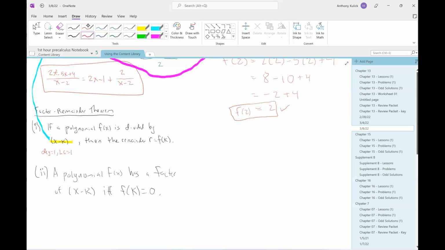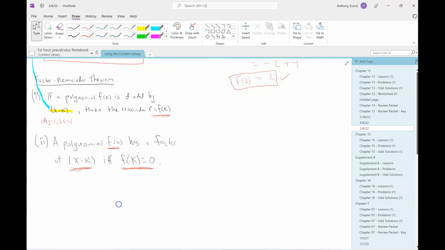If I asked you, is 2 a factor of 7, you would say no, because when I divide 7 by 2, I get a remainder. That's what we're saying here. So I can say that x minus k is a factor of f of x only if the remainder, which is the same as f of k, is 0.